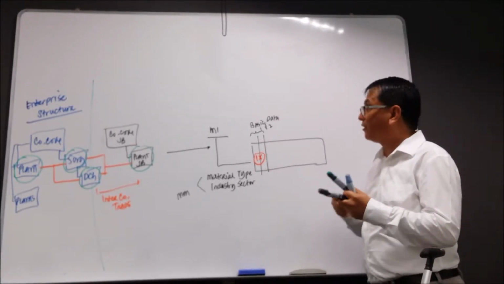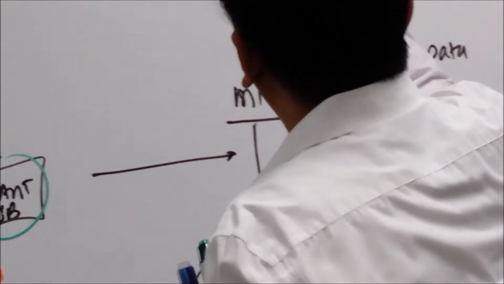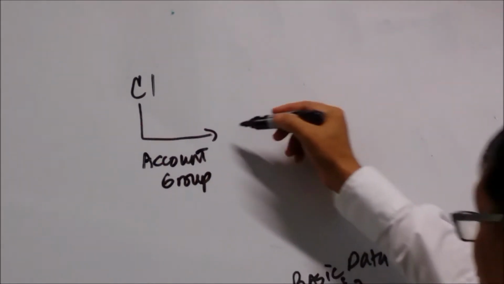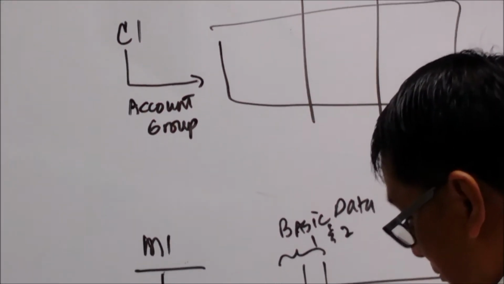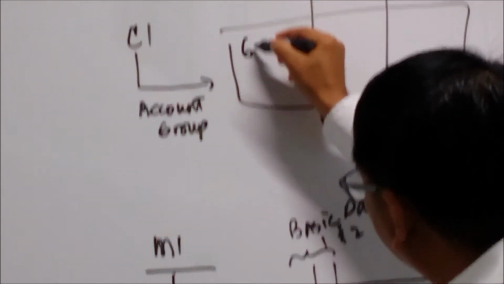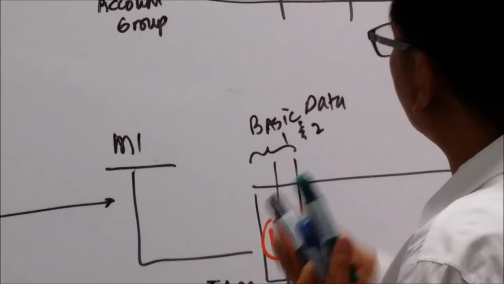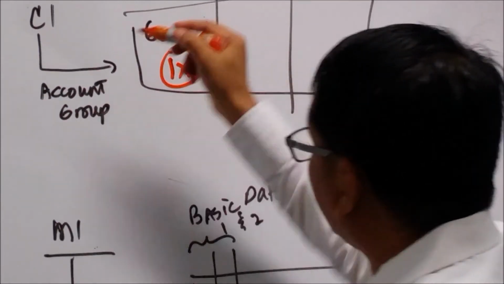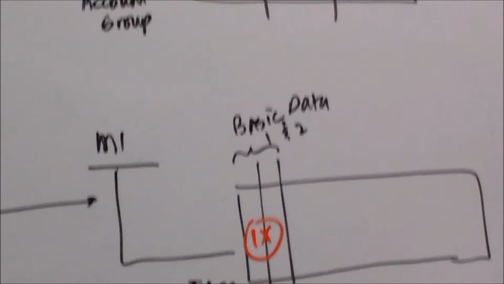If I compare this to the customer master, when you create it, it's mandatory to identify the account group. In your customer master, you have this one, the general data view. This one is one copy only. This one and that one have parallel meaning.